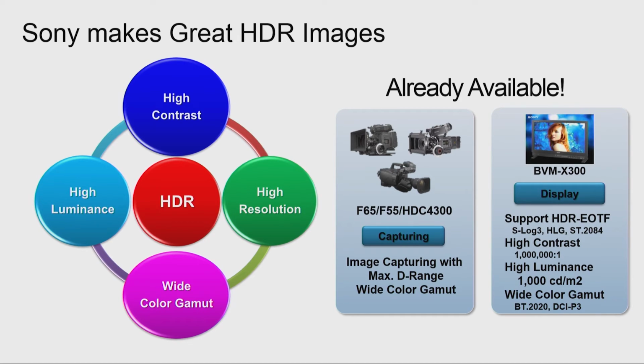We have products in the market today, like we said, originally designed for cinematic applications like our F65 and our F55. We introduced the HDC 4300 last year, primarily for live applications, but it has some cinematic roles as well, in addition to our BVM X300, which is the master reference monitor for both 4K and high dynamic range.